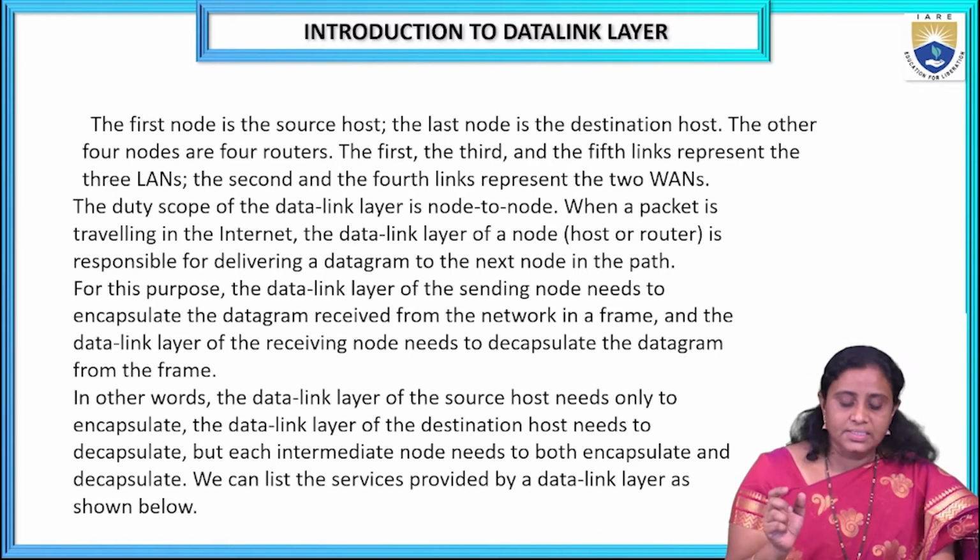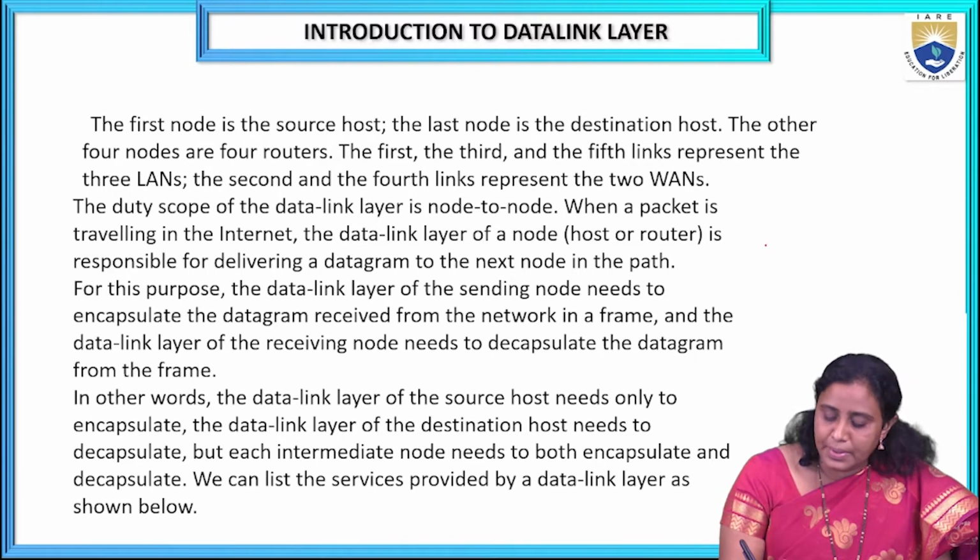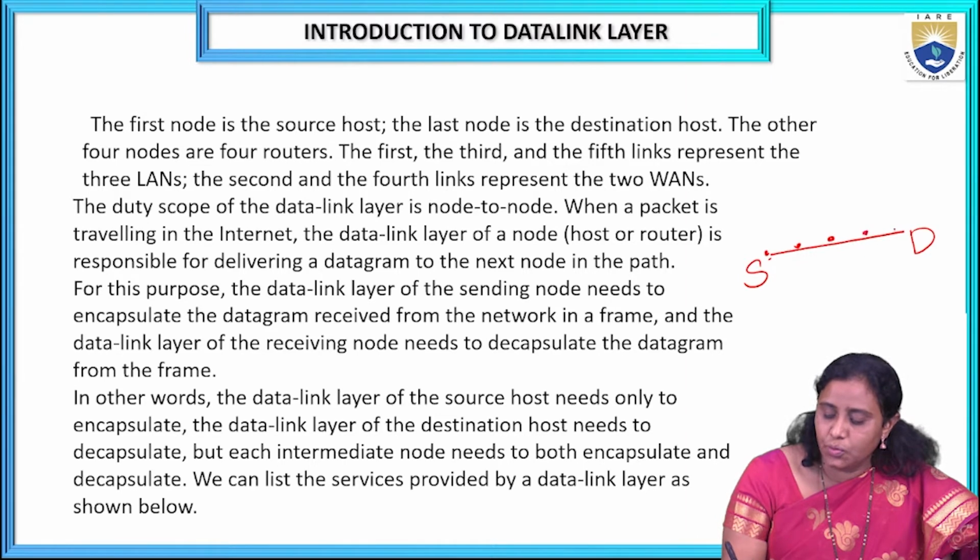Take the example of a diagram with one source node and one destination node, and in between there are some nodes, 1, 2, 3, 4, 5, 6. In this there are links L1, L2, L3, L4 and L5.